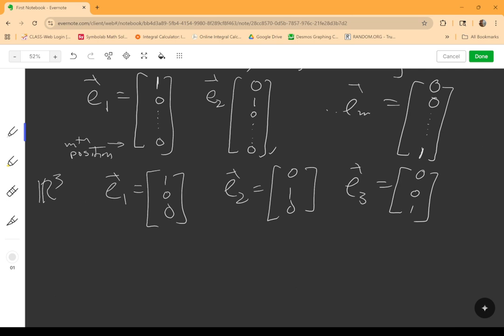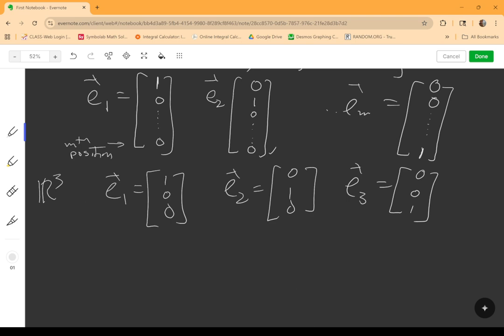Here we use the notation e1, e2, e3. And we know they're linearly independent, because if we set these up as the columns of a matrix, we get I3. In general, for m-dimensional Euclidean space, we would get I sub m. It is the identity matrix, so they are linearly independent, and I can write any vector in R3 as a combination of these.